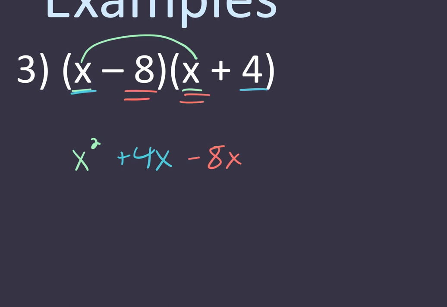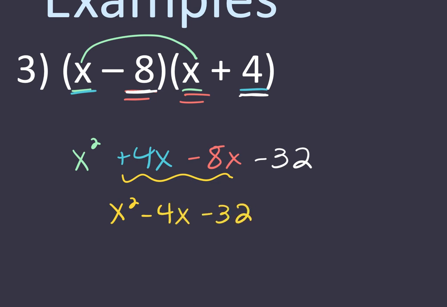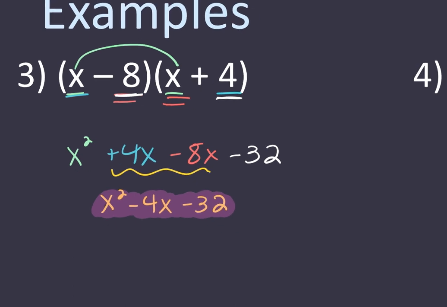And then last, which would be negative 8 and positive 4, or negative 32. And then you can combine your like terms. Like terms here would be the positive 4x and the negative 8x, and you get x squared minus 4x minus 32. Yep, just like how I remember it. Good. And this is it?